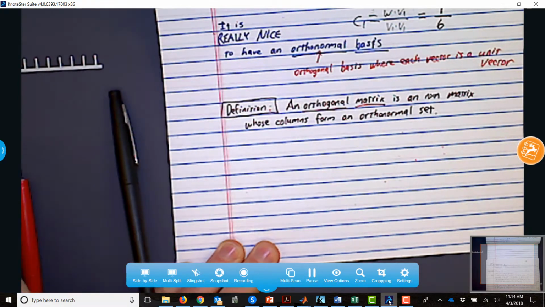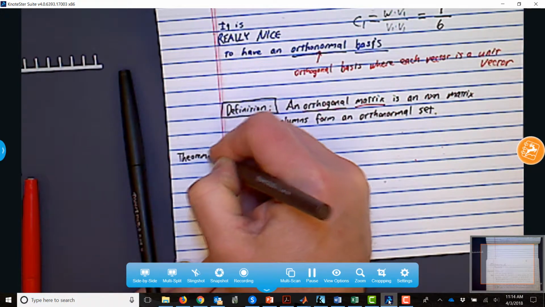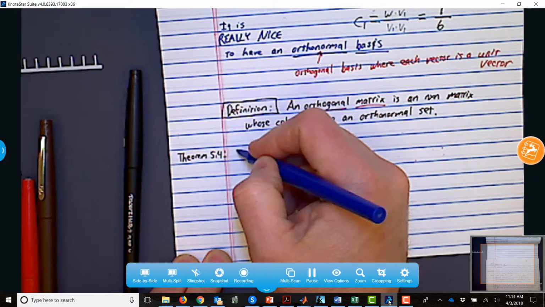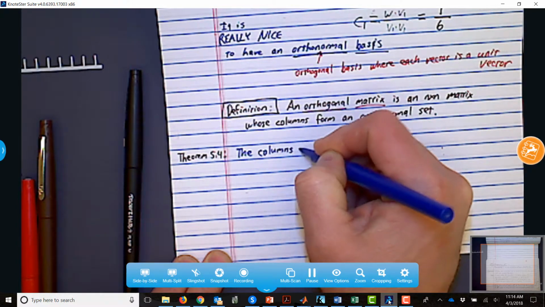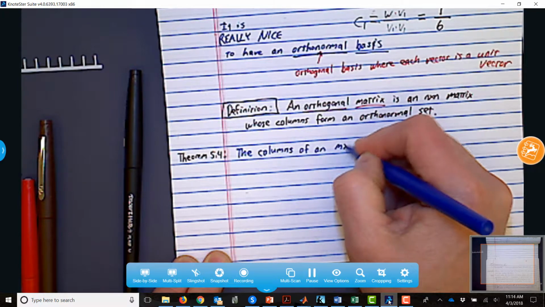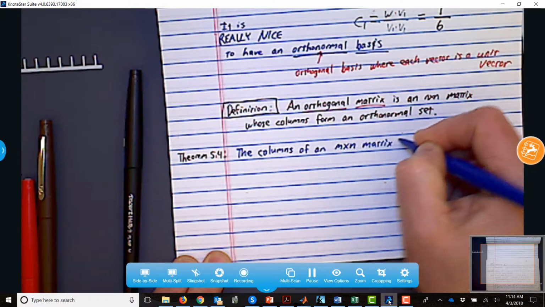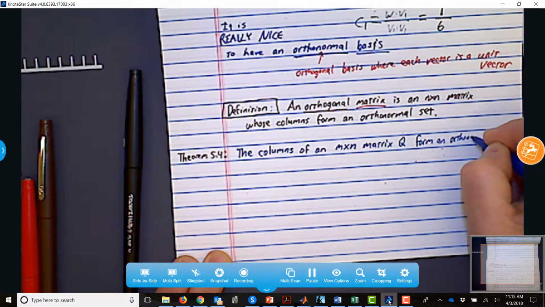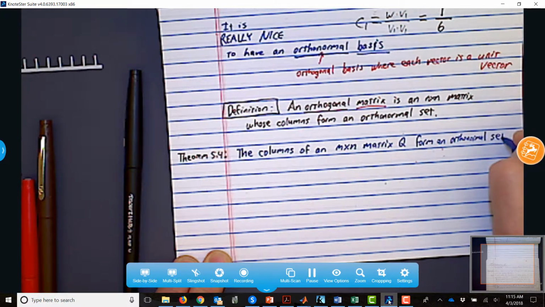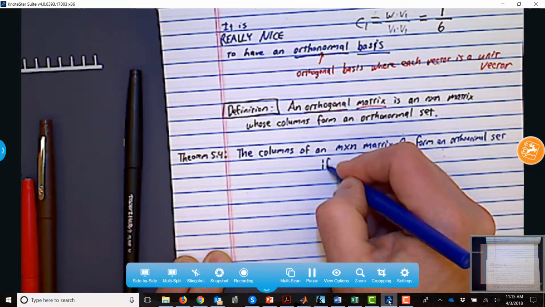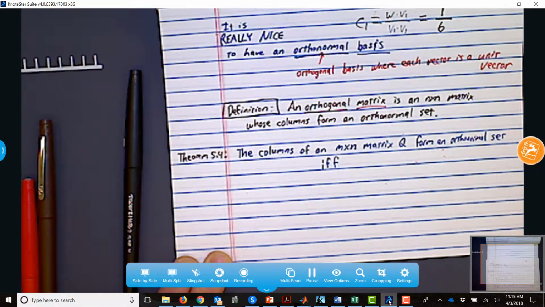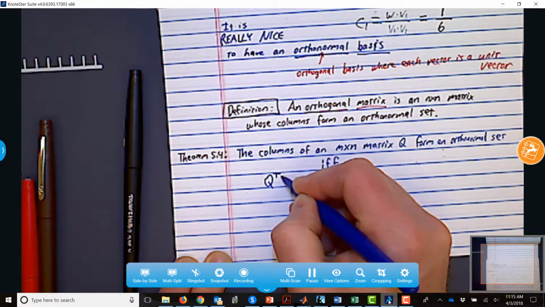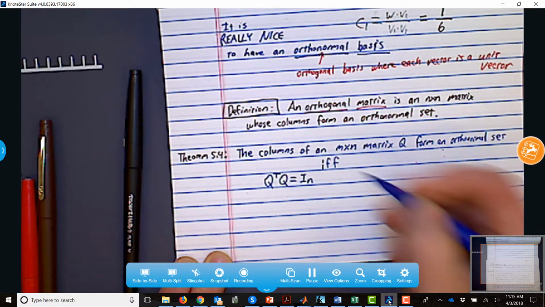Theorem 5.4: the columns of an M by N matrix Q form an orthonormal set if and only if Q transpose Q is an identity matrix.